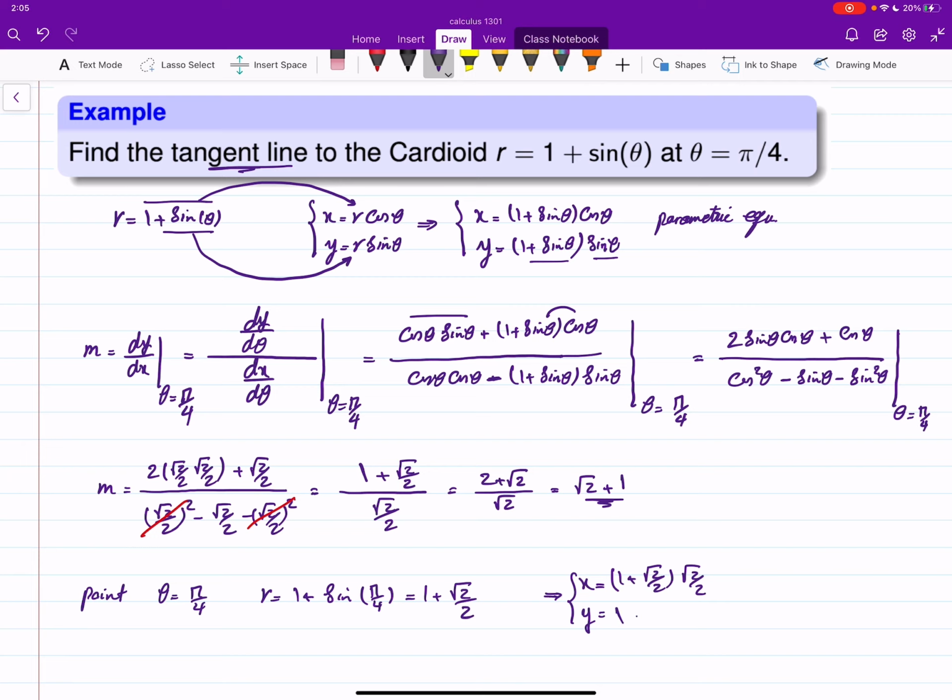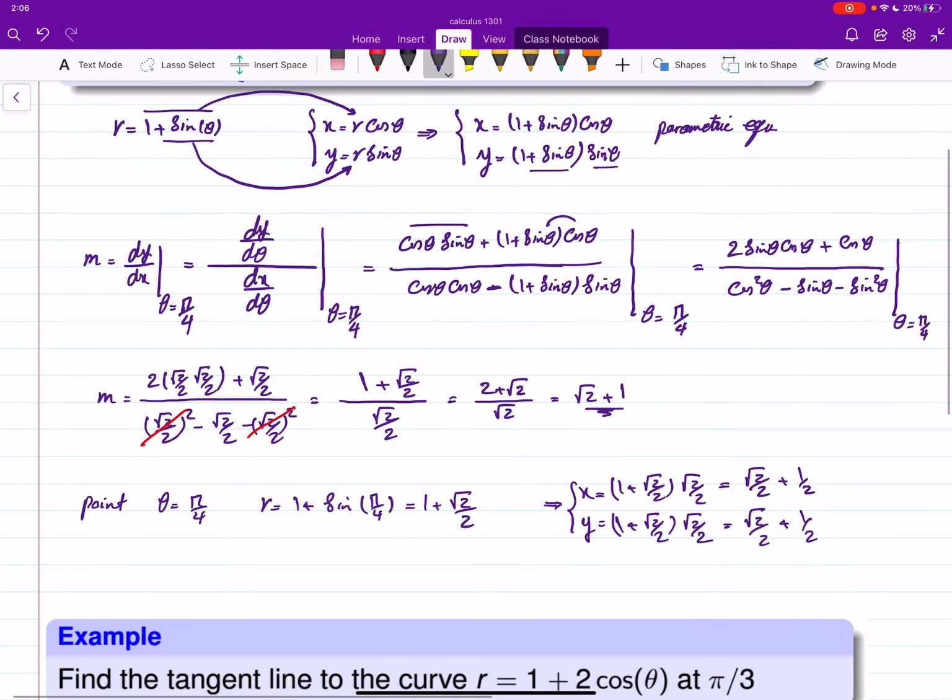And y is 1 plus root 2 over 2 times, again, root 2 over 2. I can definitely simplify these. Let us see if I can do a good job here. So root 2 over 2 plus 1 over 2, and that is the same thing as this.